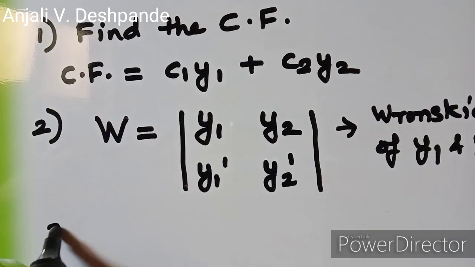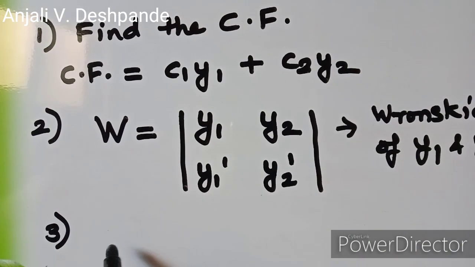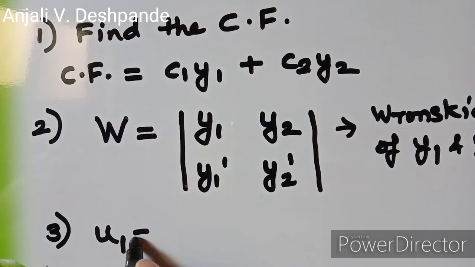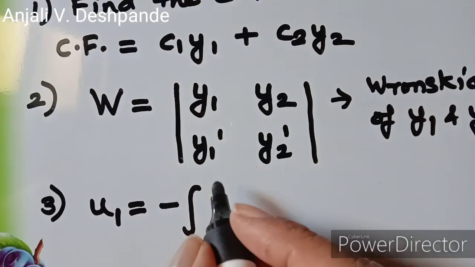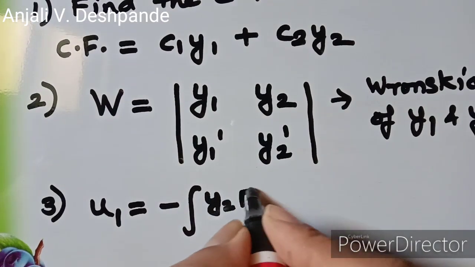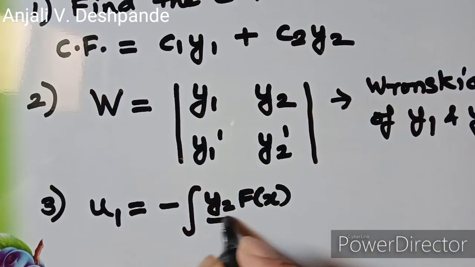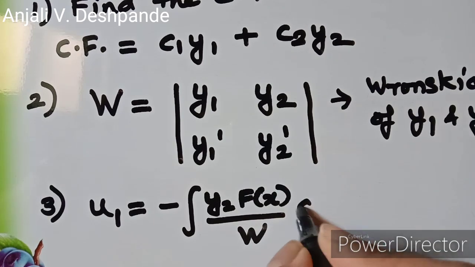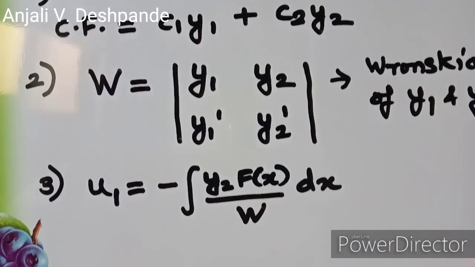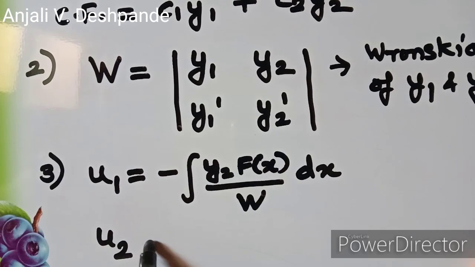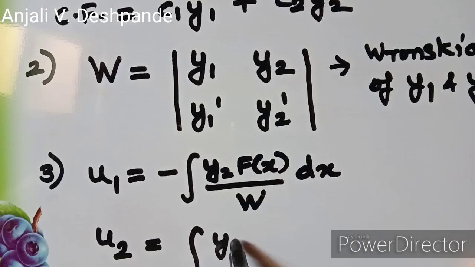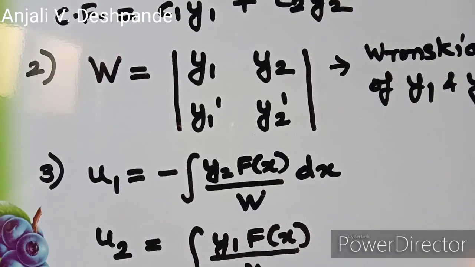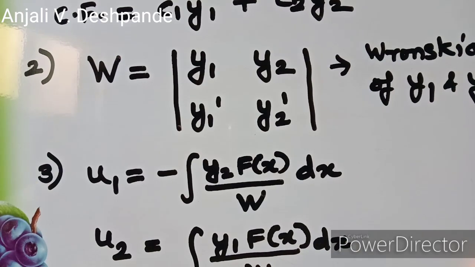So in the third step, what we will do is we are going to calculate two more entities. U1 is equal to minus integration y2 into f of x divided by W dx, and then we will calculate u2 is equal to integration y1 into f of x divided by W dx.